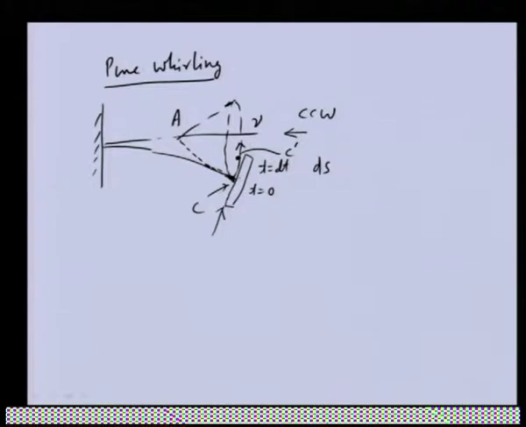So, again I am drawing the motion of the disc. Initially it was here, and then after time t it reaches C prime. Because the whirl frequency is nu, the angular velocity of the whirl is nu.